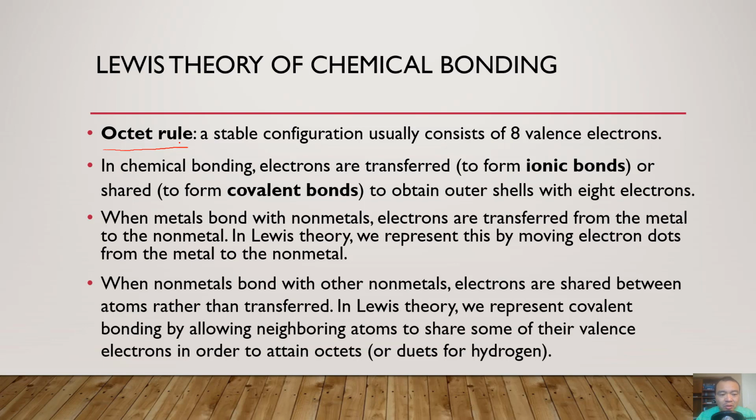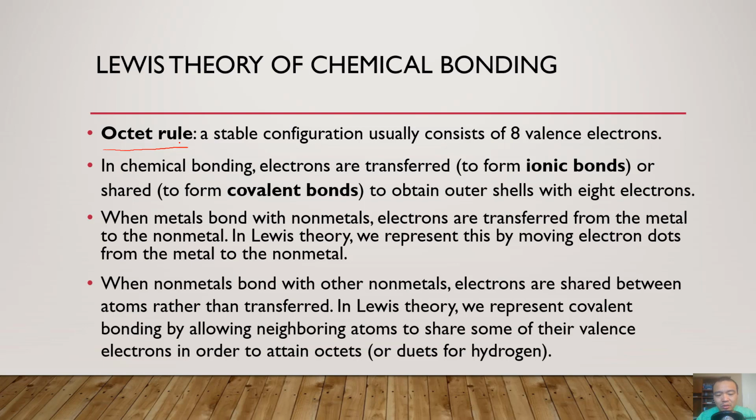In chemical bonding, electrons are transferred to form ionic bonds or shared to form covalent bonds. Please note, when a metal bonds with a nonmetal, electrons are transferred from the metal to the nonmetal. In the Lewis theory, we can represent this by moving electron dots from metal to nonmetal. When a nonmetal bonds with another nonmetal, electrons are shared between atoms rather than transferred.